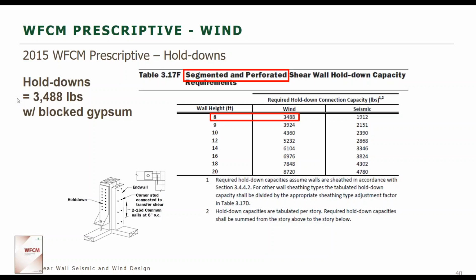So we have this illustration here on the bottom left corner of this slide that shows our hold down. The short answer is yes, you can use one hold down at the corner, but you will need to ensure that you have that corner stud connected to transfer the shear to the hold down.